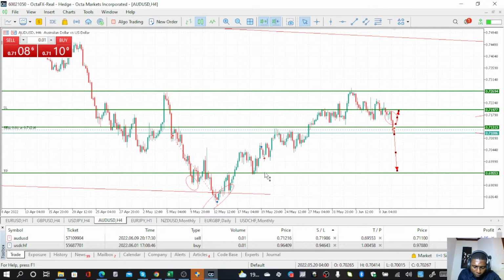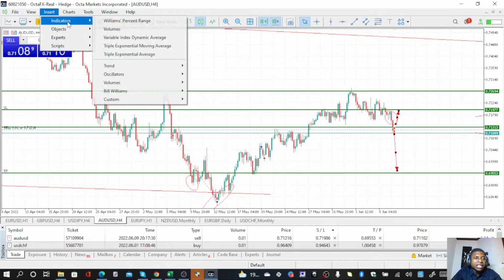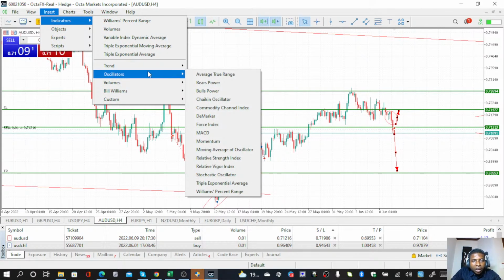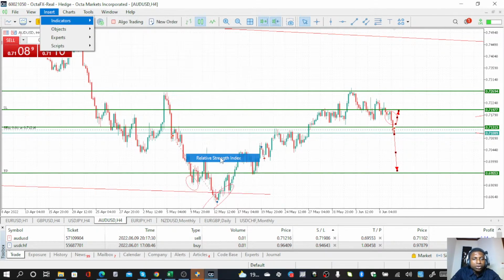Someone said, how do you know if price is high or low? There are different ways you can know if price is high or low. If you use indicators, you can come here and insert indicators like stochastics or RSI. So let's use RSI.